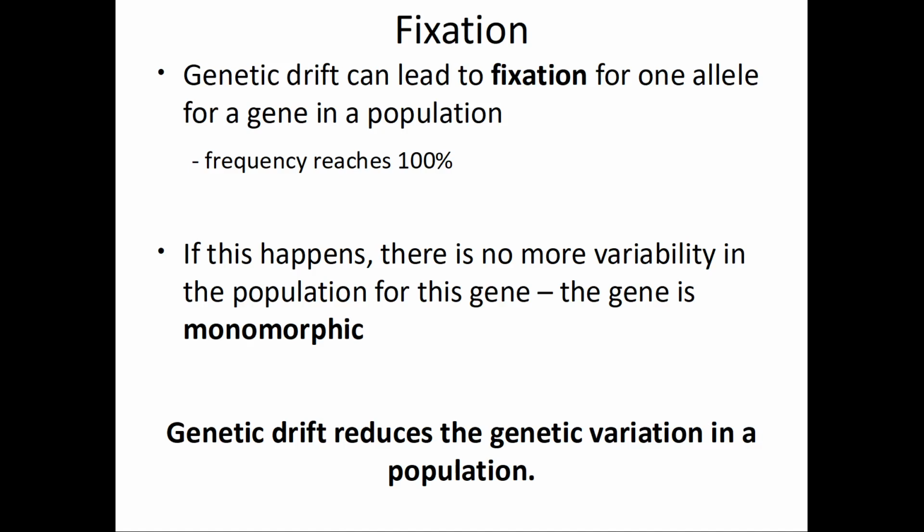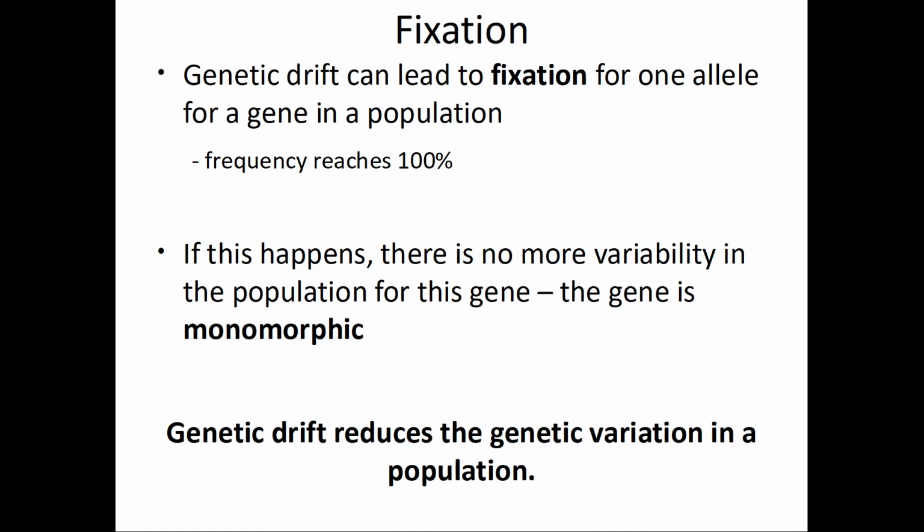All right, fixation. Genetic drift can lead to fixation for one allele for a gene in a population. That's where the frequency reaches 100%. So, for instance, you've got a small population and all of the individuals with a particular trait fall off the side of a hill, right? Because the rock falls off and they die. Or they just happen to be in the wrong place at the wrong time. And so now the survivors, due to no fitness based off of their genes, just dumb luck, they're the only ones left.